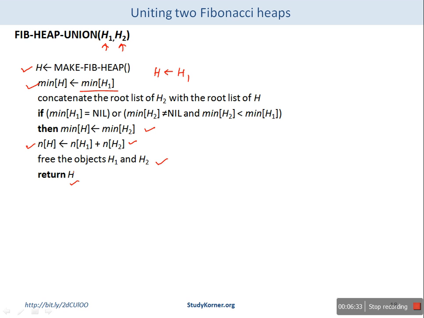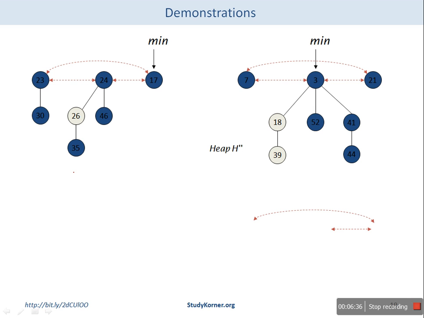So let's see an example of Fib heap union. Suppose we have two heaps given. Suppose this is the H1 heap, and this is H2. Both have a min pointer in their root lists.